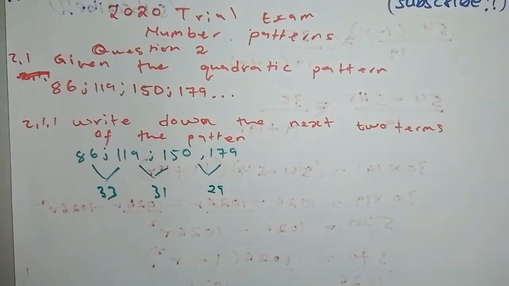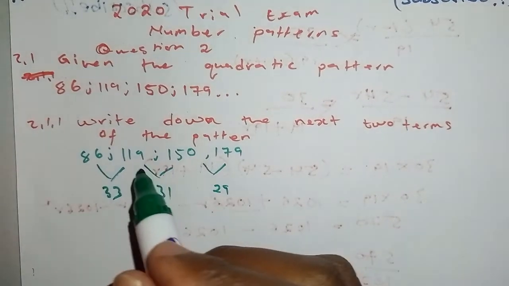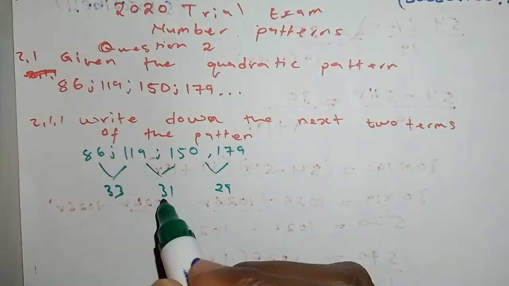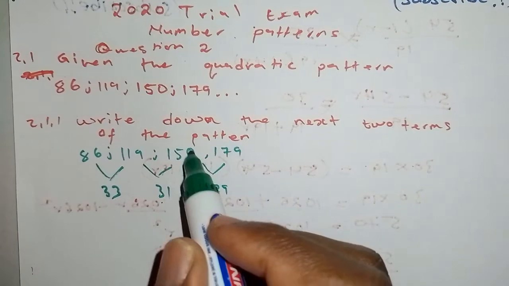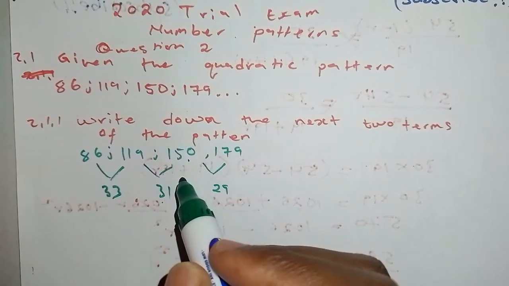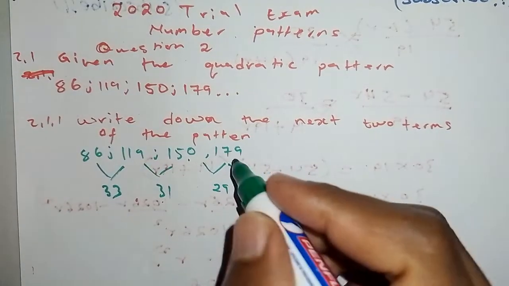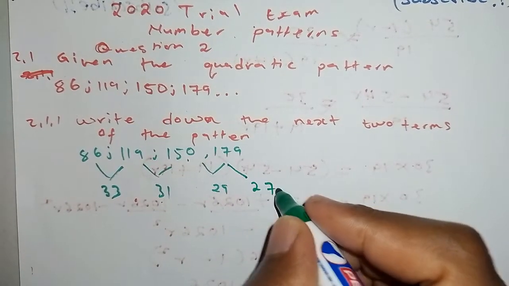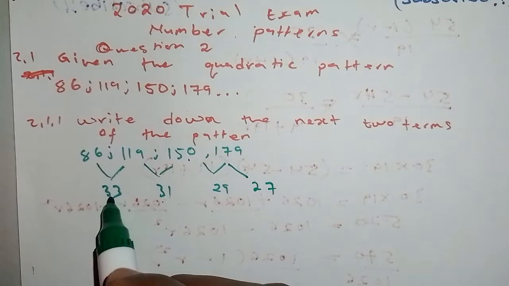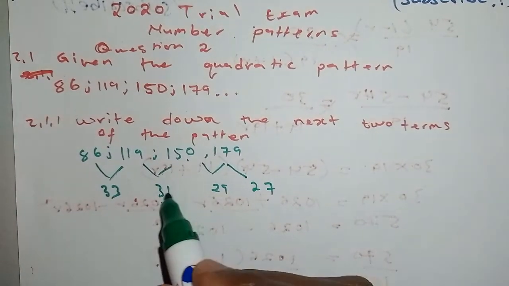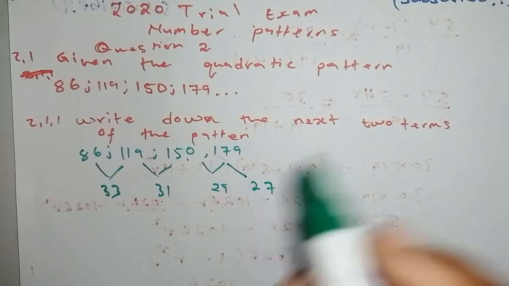From this point they added 31 and got 150. From this point they added 29 and got 179. It means from this point they have to add 27, because you can check, you have 33, then 31. The difference is 2 here and 2 here, and again the difference should be 2.